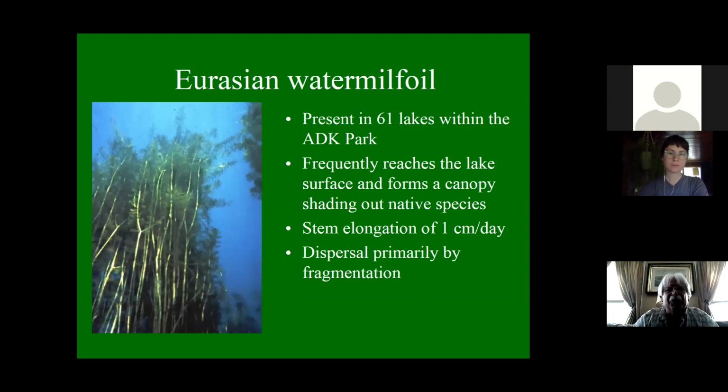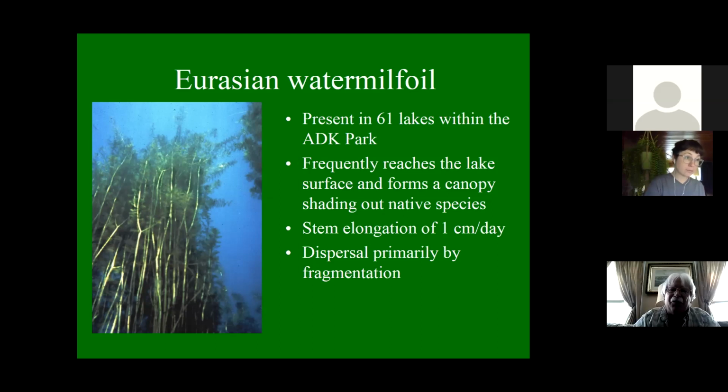Let's start out with Eurasian watermilfoil, probably the most common species in the park right now. We actually have it in about 61 lakes. It started spreading fairly aggressively through our region back in the 1970s. And the reason this species tends to win the battle for space is that it grows very rapidly, with stem elongation of up to 1 centimeter a day.